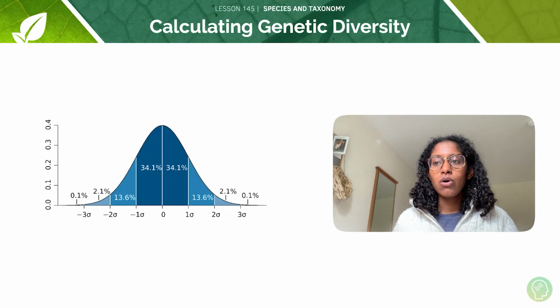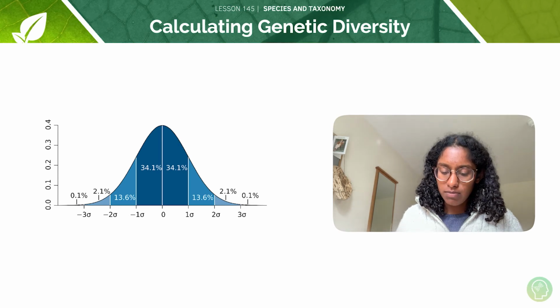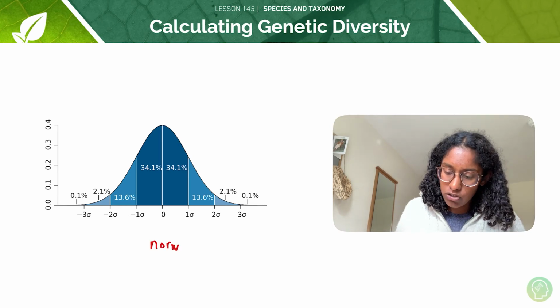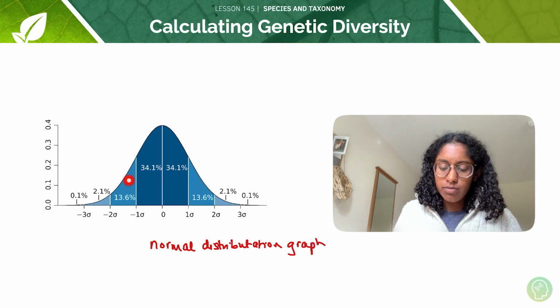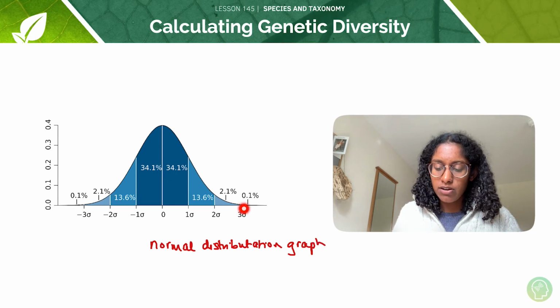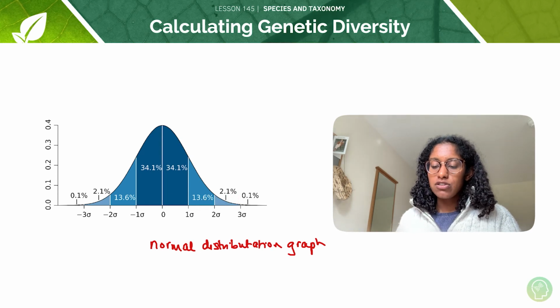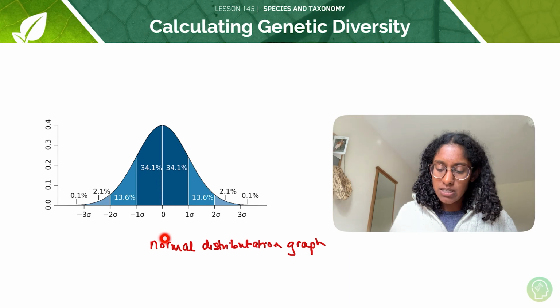Okay, so we often plot continuous variation on something called a normal distribution. A normal distribution graph allows us to visualize how distributed our data points are. These are our data points here, and you can see the spread of our data points. Normal distributions have most values closest to the mean, which is the center point.